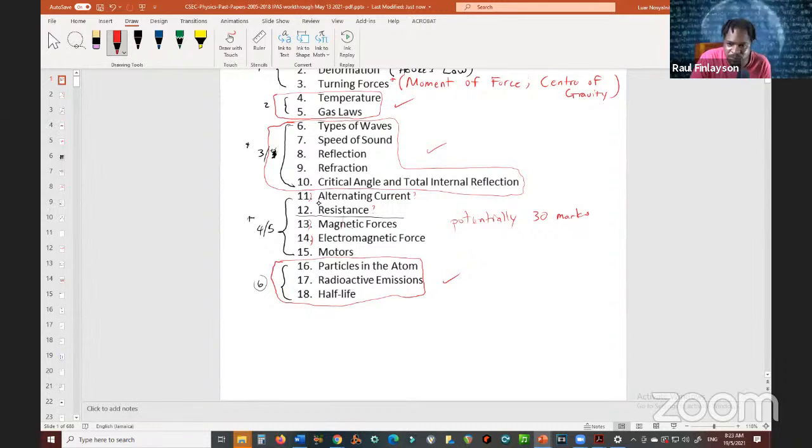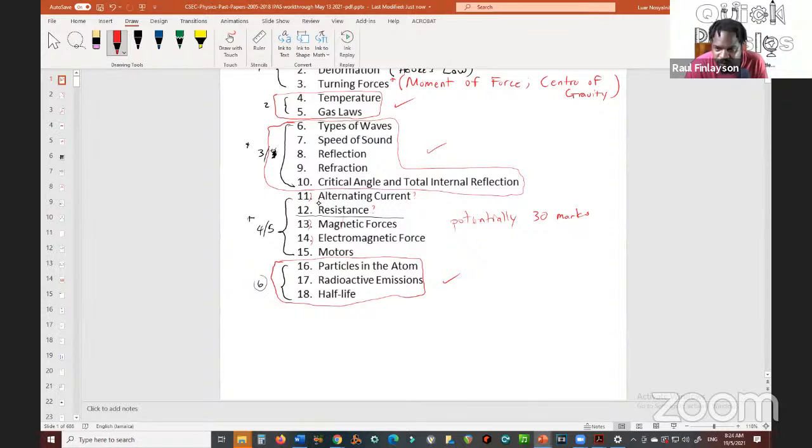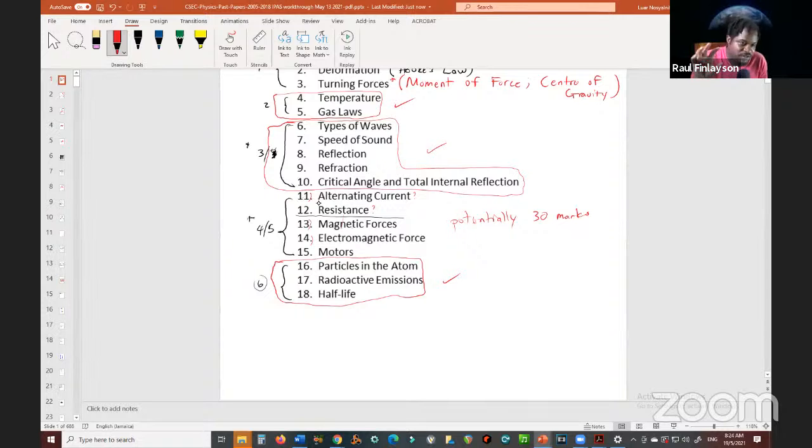So they can go deep here, and a whole heap of CSEC questions can test your knowledge here. So I actually just compiled some questions, but I'm not going to release them to you yet. Maybe next class we can look at those questions and we'll see how we can answer them. But we just need to know the basics. Just start by learning the definitions for these things, and then we take it from there.